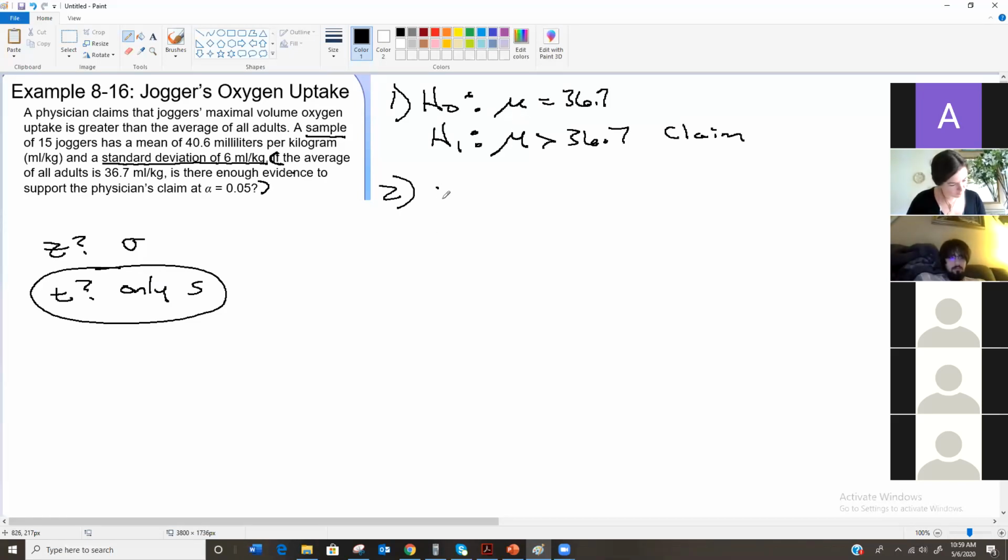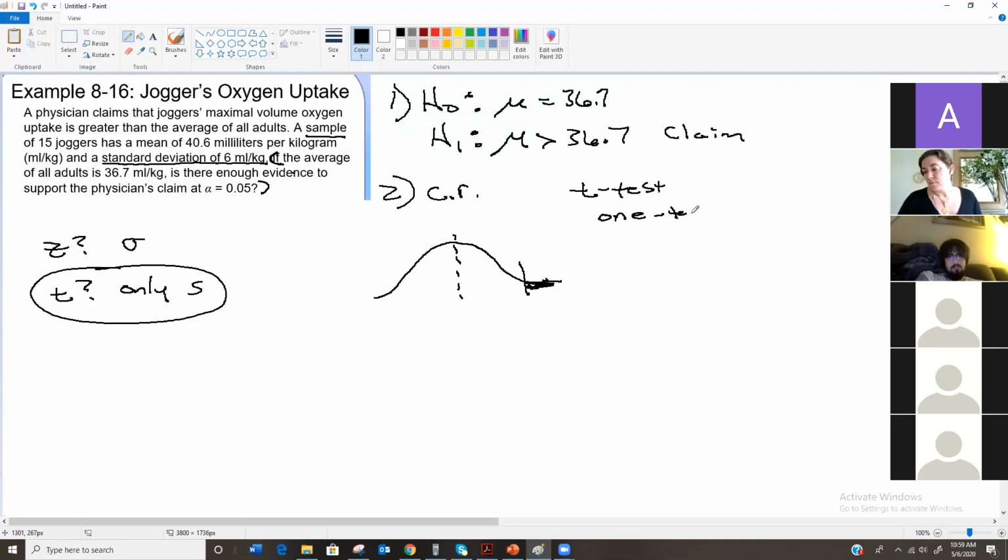Okay, so now we're going to find our critical region, and we know it's a t-test. Greater than, so it's one tail. What else do we need to know? The DF is 15 minus 1, so 14. Okay, so the DF is 14, perfect. And that's from 15 joggers. We do one less for DF.